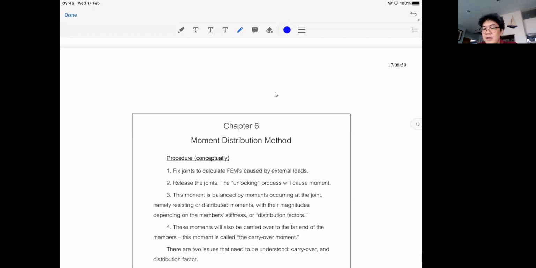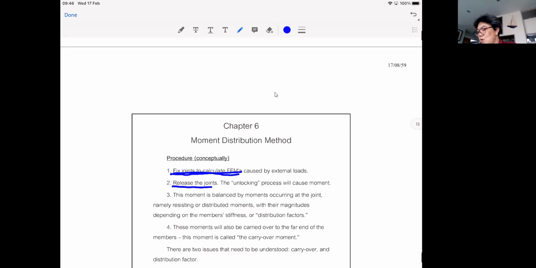So somehow, if your joint doesn't rotate, the end moment of your member will be equal to fixed moment. So the concept of this is to first fix the joints to calculate fixed moment, and then release the joint to unlock the structure back to its original position, and then try to balance the moment.